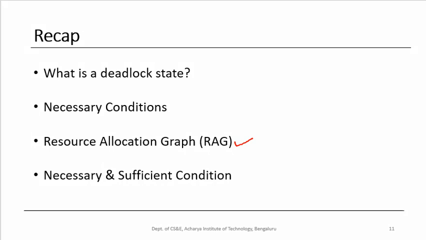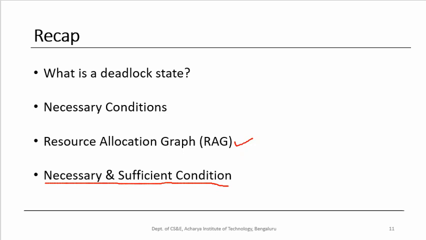We also discussed the necessary condition, and the necessary and sufficient condition, for deadlock to occur. For example, if we have a single instance of different resource types in a system, and when we write the resource allocation graph, if you find a cycle, then that becomes the necessary and sufficient condition for deadlock to occur.